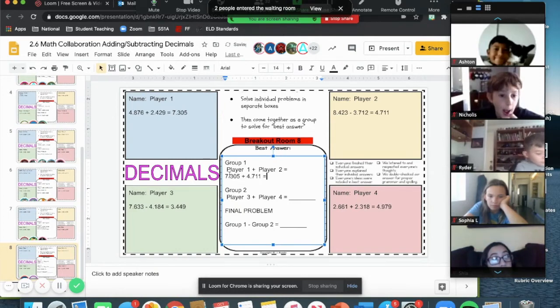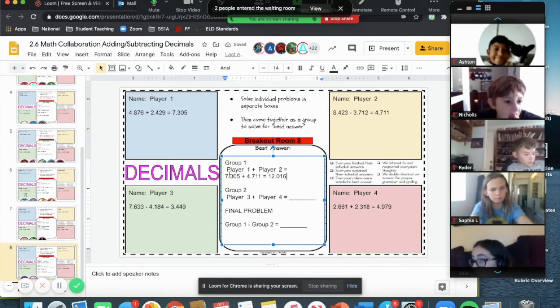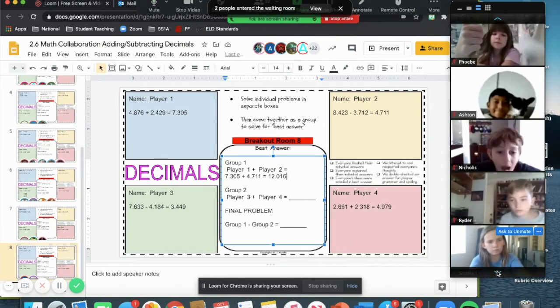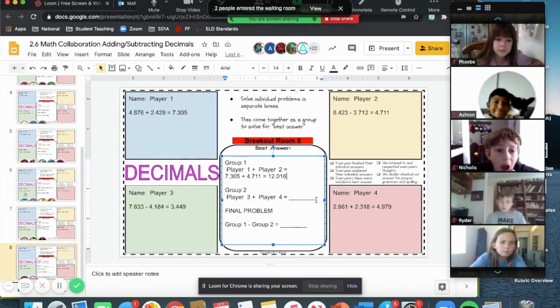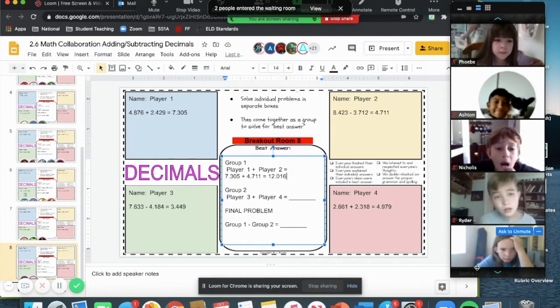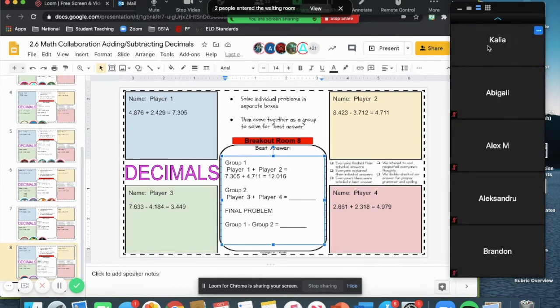And what is our answer? What did your group get? They got 12.016. Is that what all the other groups got? Did we get 12.016? That's what you got? We didn't get that because we had a disagreement and they thought that it was 12.006.